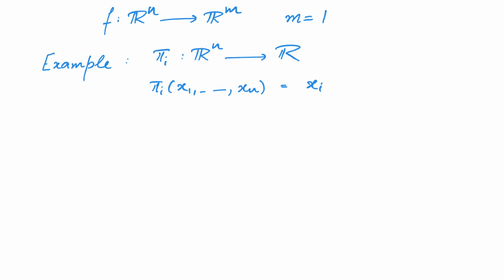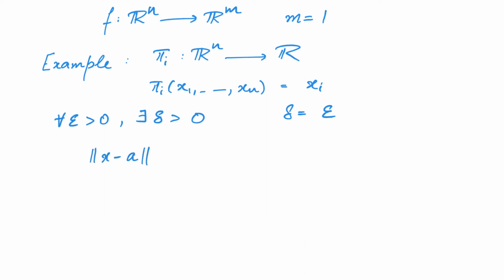And we will prove the continuity of this function pi i using the definition of continuity. More precisely, given any epsilon greater than 0, we will construct a delta greater than 0 such that norm of x minus a is less than delta implies that norm of pi i of x minus pi i of a is less than epsilon. And in this case, it's easy because we can just take delta is equal to epsilon. Why?